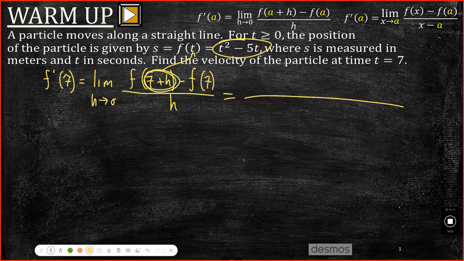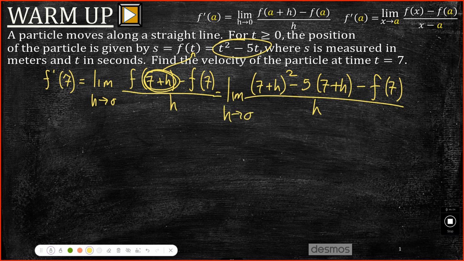This one is going to be t squared, where t is 7 plus h, and we're going to square that, minus 5 times 7 plus h. And then we're going to subtract f of 7. Let me just leave it alone and write down f of 7, over h. And let's not forget we have a limit as h approaches 0. This is all pretty much algebra that we've got to do next.